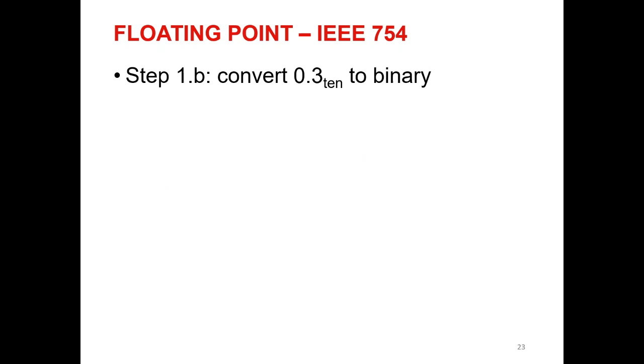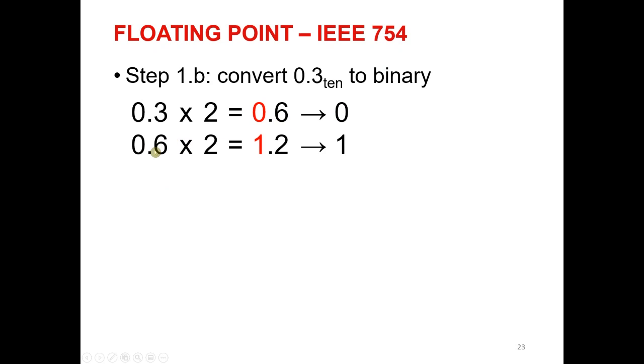Okay, then we are going to convert the decimal part, the 0.3, the part after the point, and similarly to what we have done previously, we are going to multiply this number by 2. So in this case, 0.3 multiplied by 2, we got 0.6. We have the 0 and we put the 0 here, and then the 0.6 we move it here, so 0.6 multiplied by 2 is 1.2.